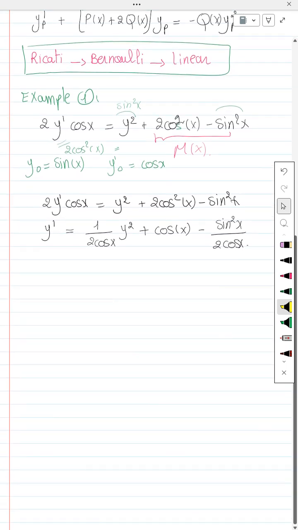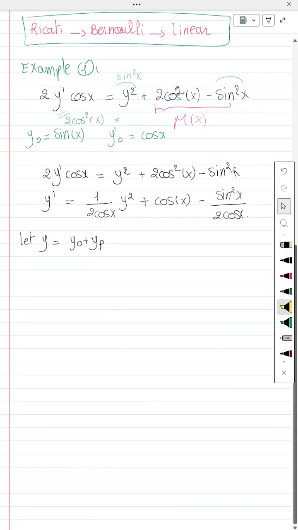We didn't do anything yet. Now what should we do? We should use, let y be equal to y0 plus yp. So we're going to obtain y prime equal to y0 prime plus yp prime.